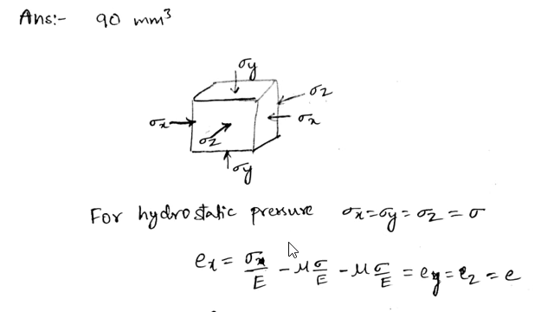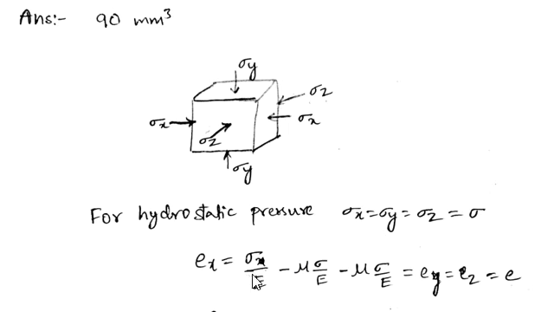So here, just for concept purposes, we are taking sigma by E, and the strain in the x direction because of the stress in y and z directions is Poisson's ratio times the strain in those particular directions.